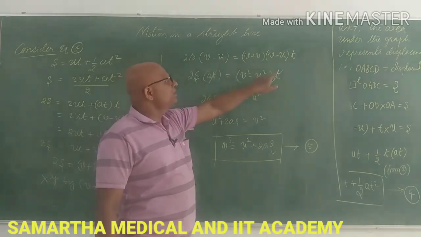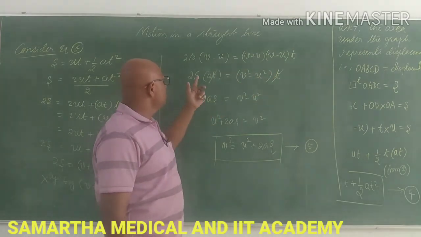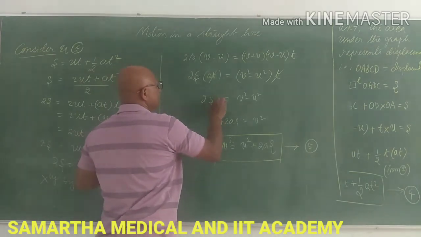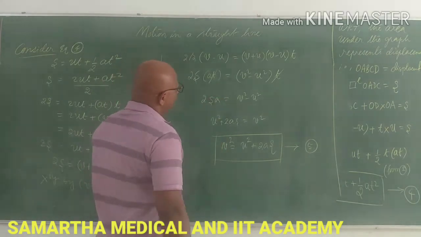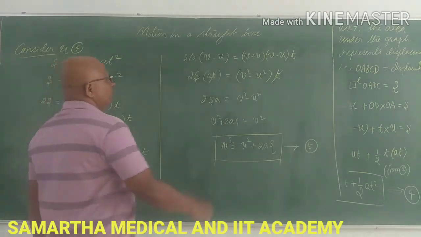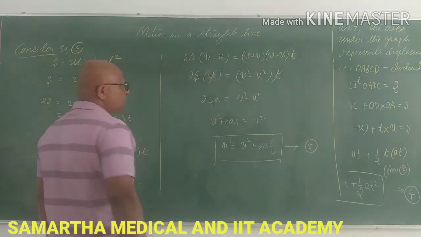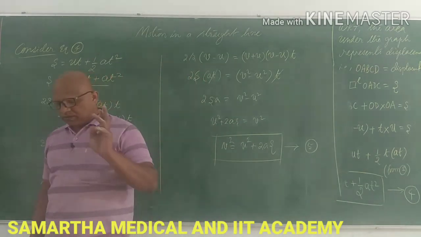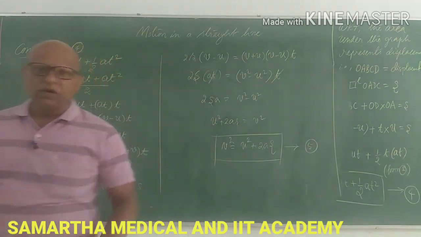V square minus U square into T. T gets cancelled. So 2S into A, 2AS, is equal to V square minus U square, or V square is equal to U square plus 2AS. This is the third equation. Equation number 3 is also derived.